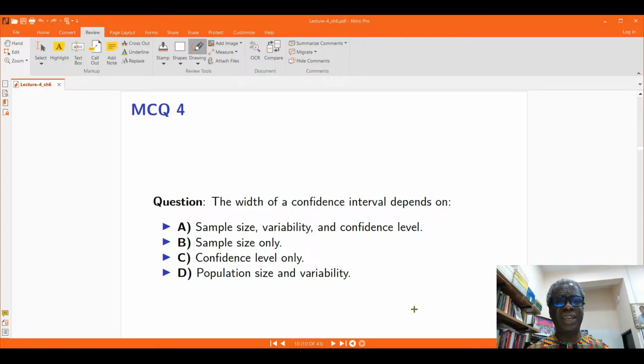So A, sample size, variability, and confidence level. B, sample size only. C, confidence level only. D, population size and variability. What's your option? Quickly.